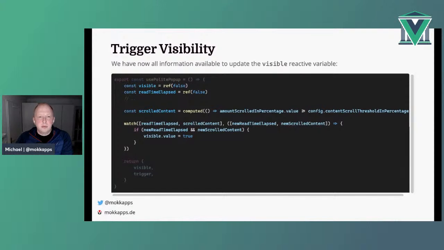Now we have all the information available to update the visible reactive variable. For that, we use a Vue watcher, and this watcher takes our readTimeElapsed variable and the scrolledContent computed property. And if both values are true, we can show the polite pop-up.